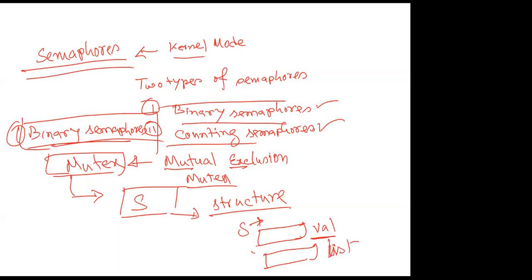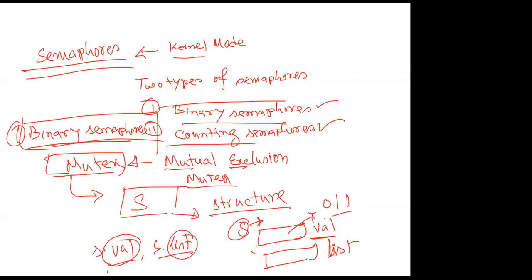You can access these as s.val and s.list, if s is the semaphore variable. For a binary semaphore, val contains only two values, 0 or 1.